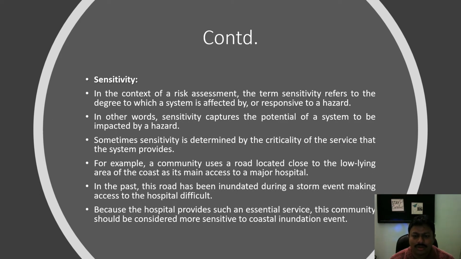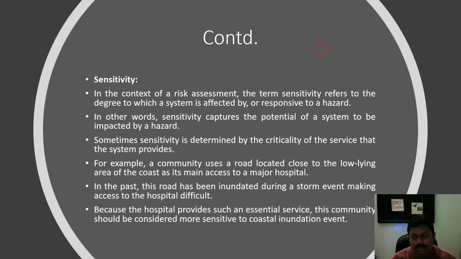So due to that extreme event, that community which is connected to that hospital, which provides essential services, will miss those essential services if the road is damaged. That is why it can be said that that community is more sensitive to coastal inundation events than those communities which are in proximity to that hospital.